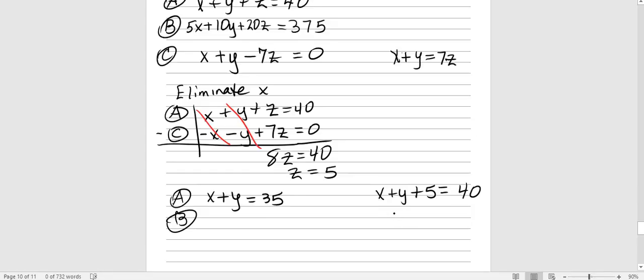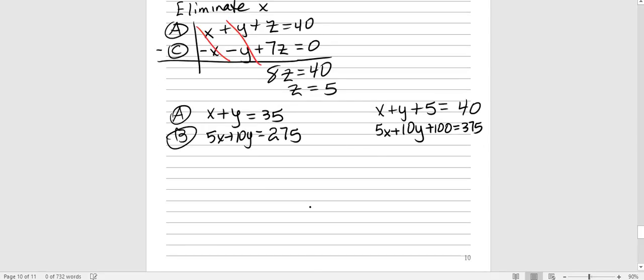In equation B, 5x plus 10y plus 20 times 5, which is 100, equals 375. So if I subtract 100 from both sides of this equation, I get 5x plus 10y equals 275.